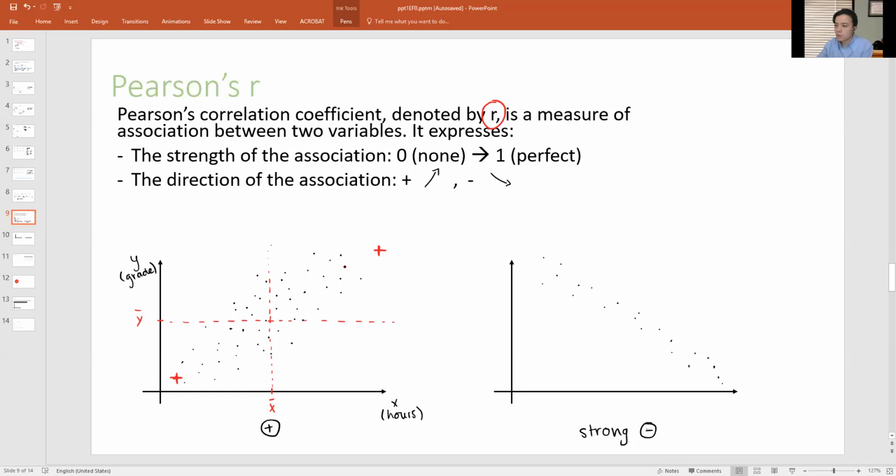These are something that we consider to be positive, because if you're either above and above, so plus and plus gives you plus, or if you're below and below, so minus and minus gives you plus, then you're going to be in each one of these, whereas these are the negative sides. So we always have positive, positive, negative, and negative.